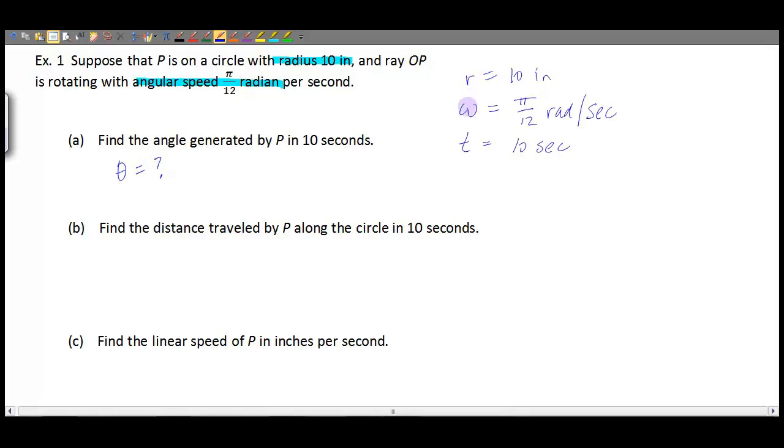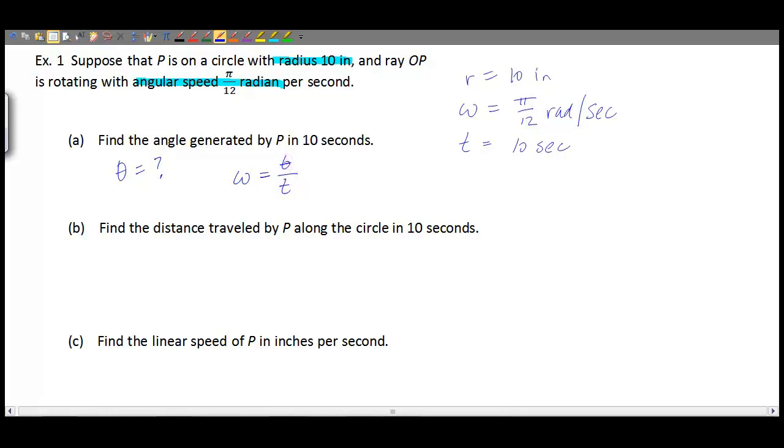If I know all of this information, I can find theta by remembering that the angular speed is given by theta over time. Because I know two of the three items in this formula, angular speed and time, I have all the information I need to solve for theta.